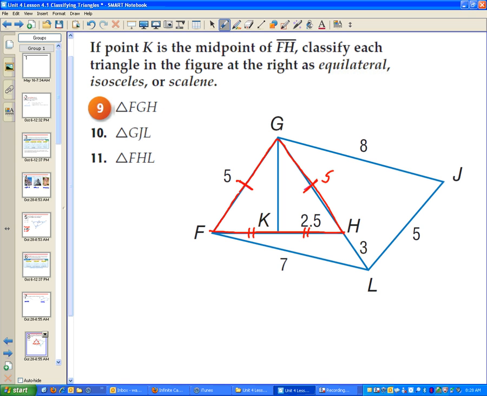If KF and KH are congruent to each other, and KH is 2.5, what's KF? 2.5. So what's HF? 5. What kind of triangle is it? Yep, so number 9 is equilateral. They made us work for it.